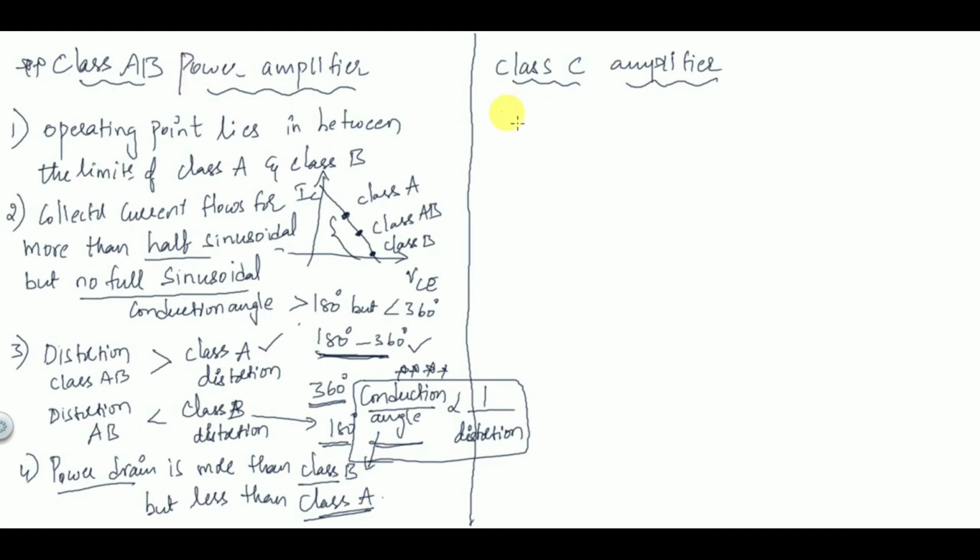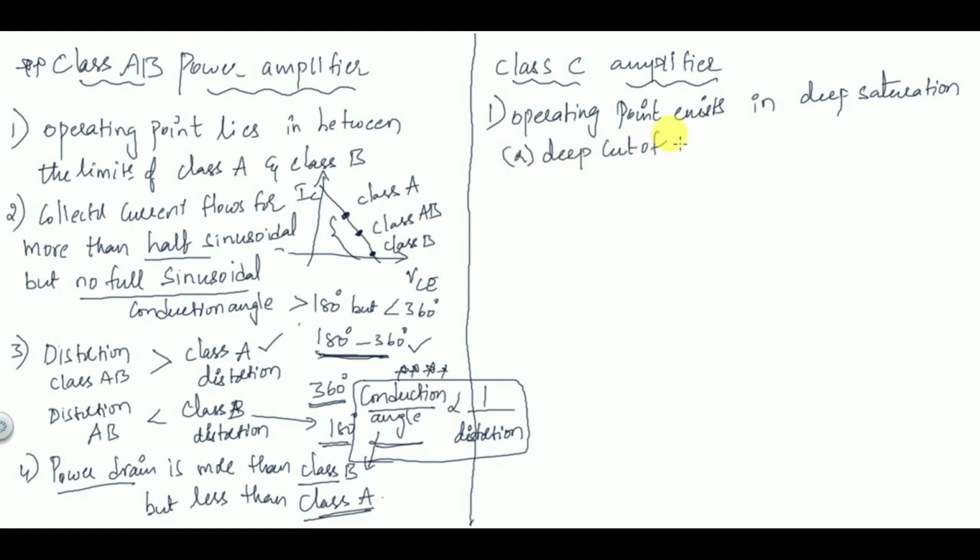Now we'll come to class C power amplifier. The first point is operating point. The operating point exists in deep cutoff, almost near to the cutoff point.